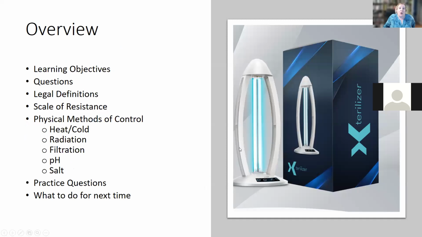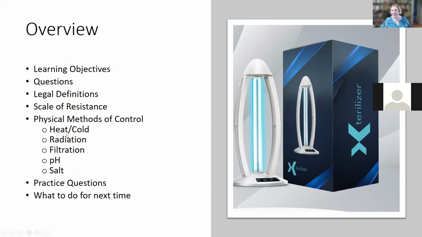So here is an overview of what we're going to cover today. We're going to go over the learning objectives. I'm going to open it up to questions. We're going to talk about legal definitions associated with products that are intended to control microbes in the environment.